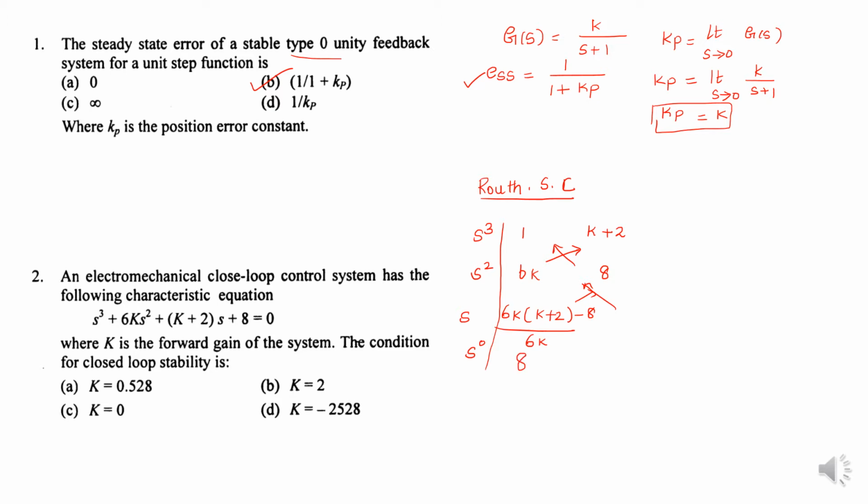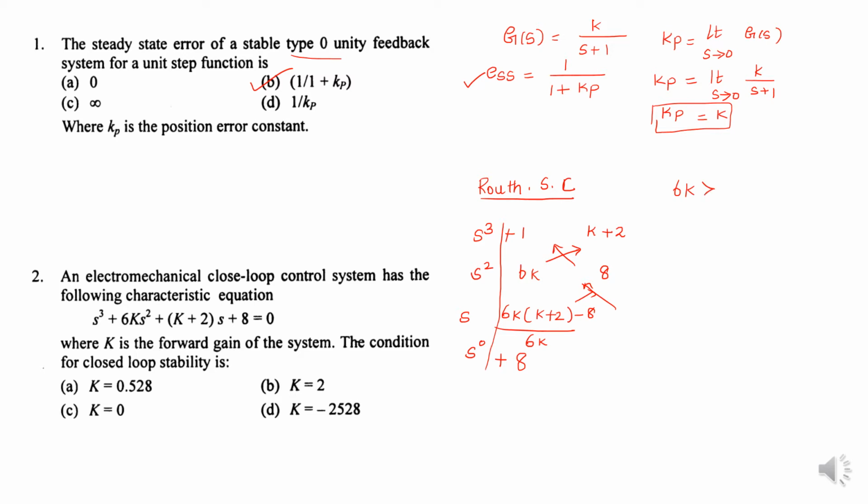What is the condition for stability using the Routh stability criterion? The first column elements should be positive. Already 1 is positive, 8 is positive, but we don't know 6k and the next term, 6k into (k plus 2) minus 8 divided by 6k. All the column elements should be greater than 0.